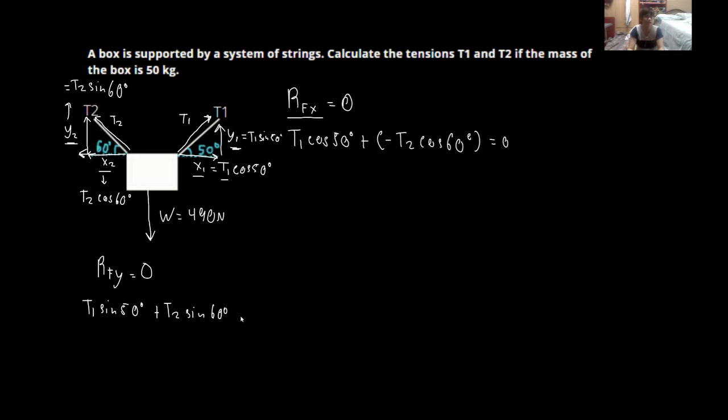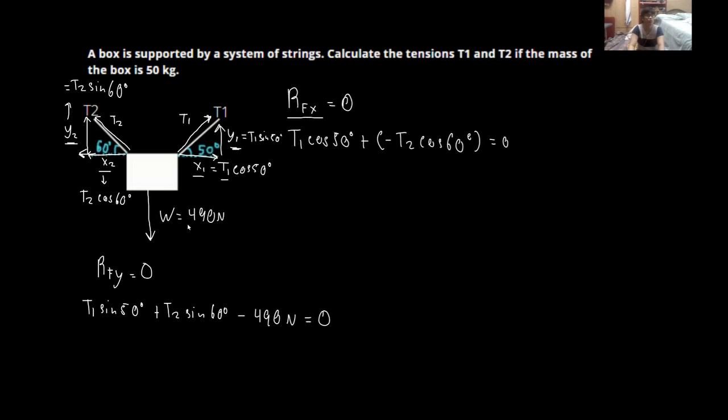Lagay ko rito, minus 490 newtons. Bakit minus? Kasi si weight, di ba siya nagpo-pull down sa'yo. Dahil siya ang humihila sa'yo pababa, that means ang direction nito ay pababa rin.